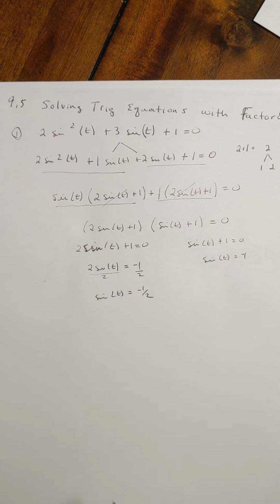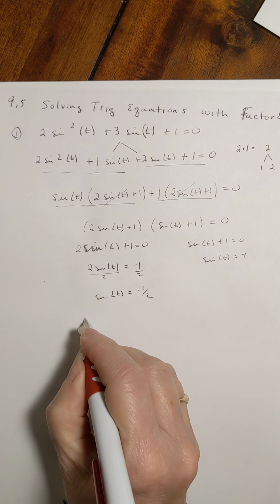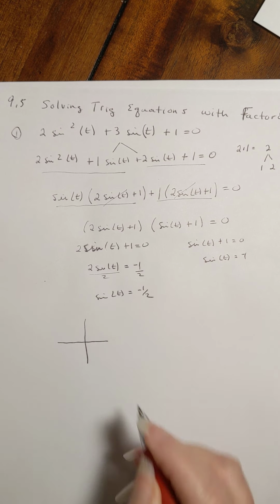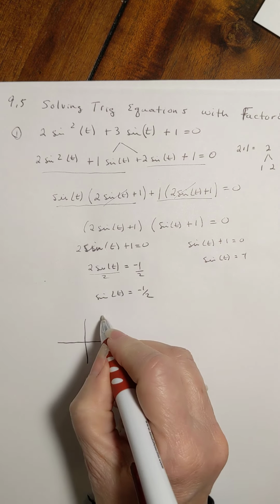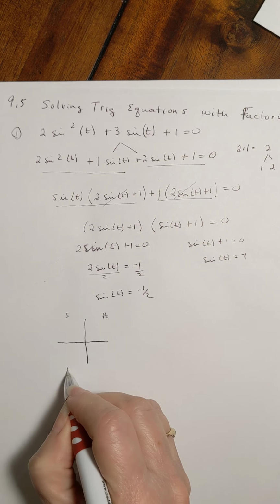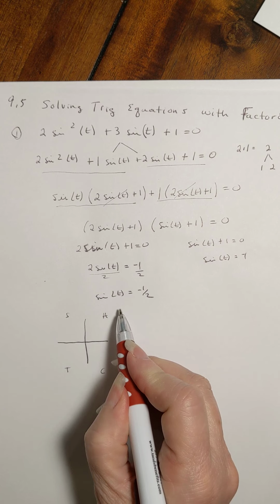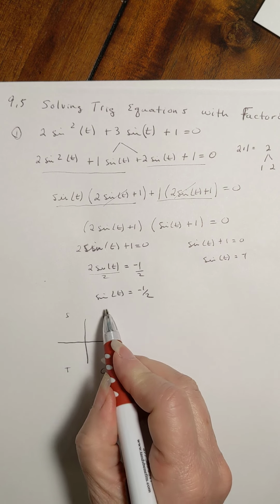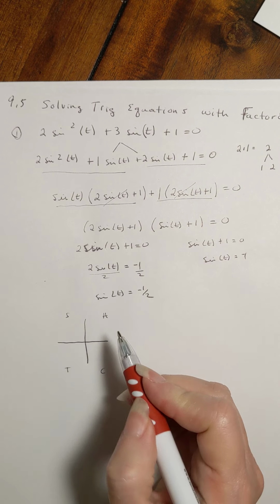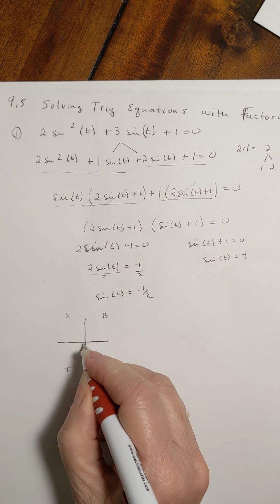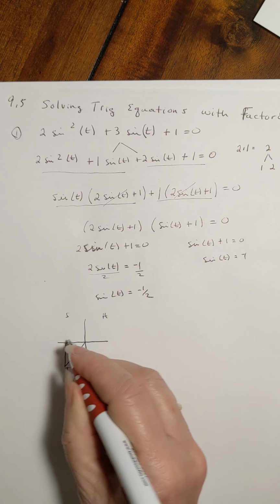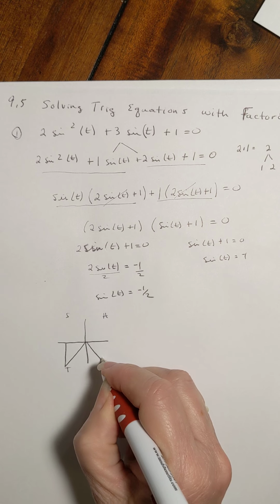So let's look at our triangles for this one. The sine is negative, so let's figure out our quadrants. All students take calculus. Sine is positive in the first 2 quadrants, so it's negative in the second 2. So I'll be in the 3rd quadrant and the 4th quadrant.